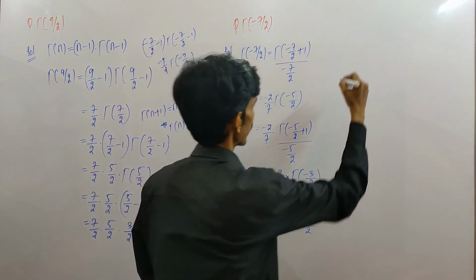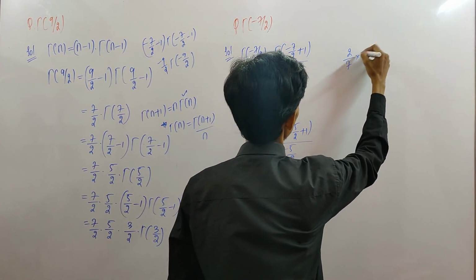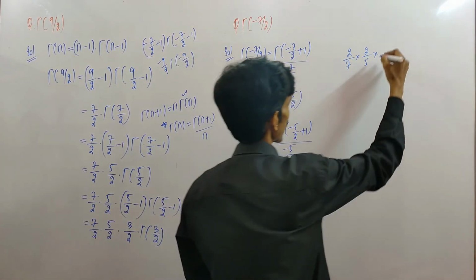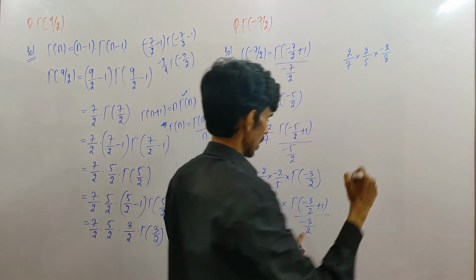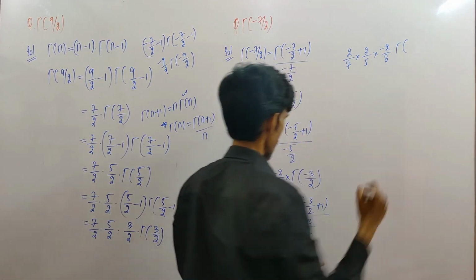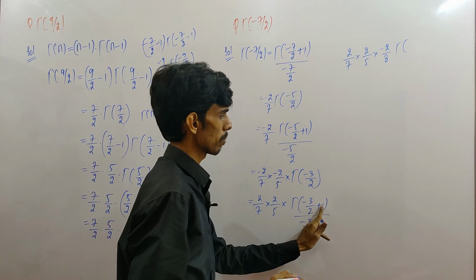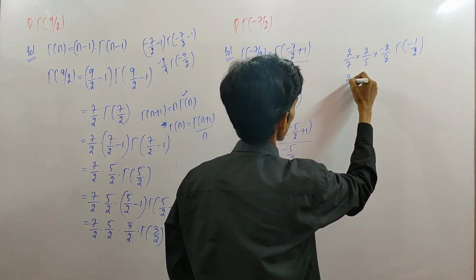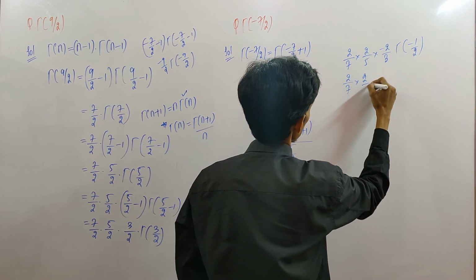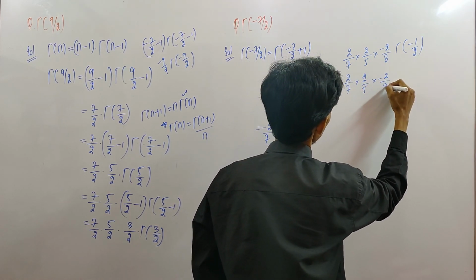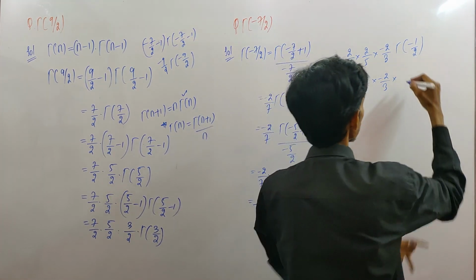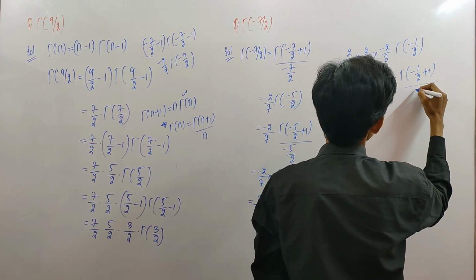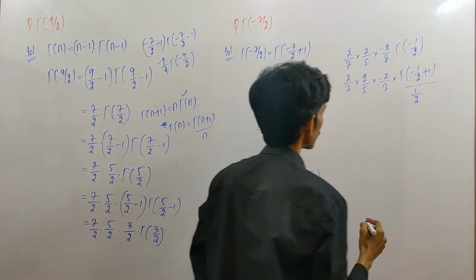So let me write down here 2 by 7 into 2 by 5 into minus 3 by 2 will become minus 2 by 3. Gamma of, 2 ones are 2, so minus 3 plus 2 we have minus 1 by 2. 2 by 7, 2 by 5, minus 2 by 3, gamma of n, gamma of n plus 1 divided by n, 1 by 2.